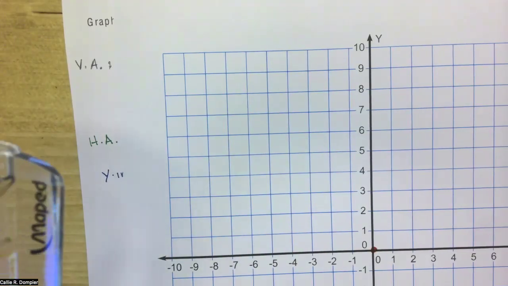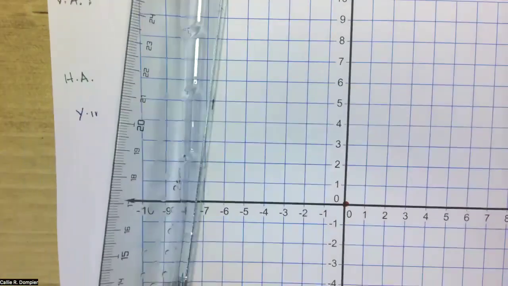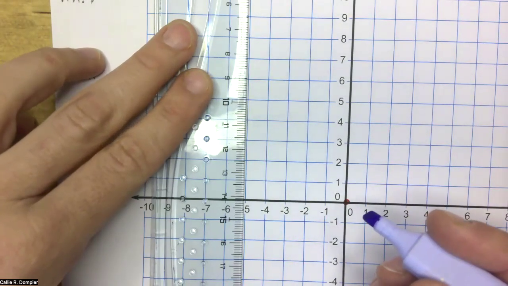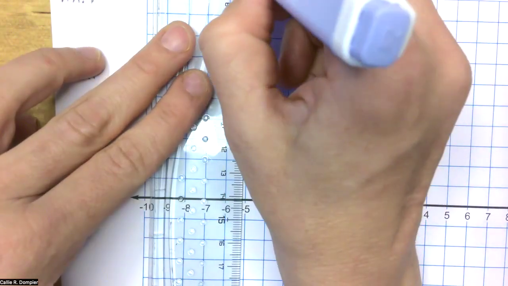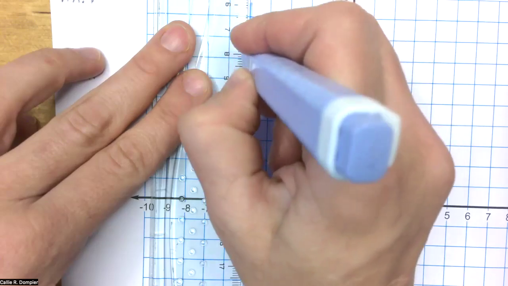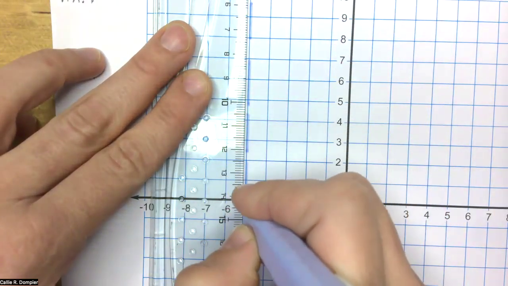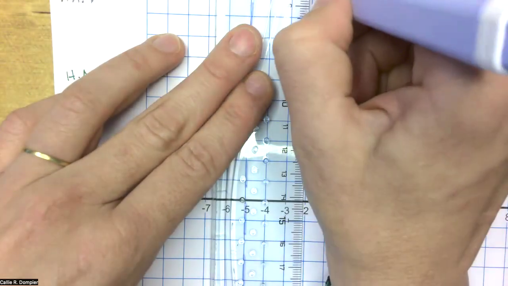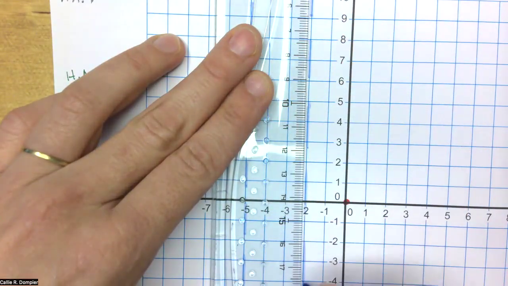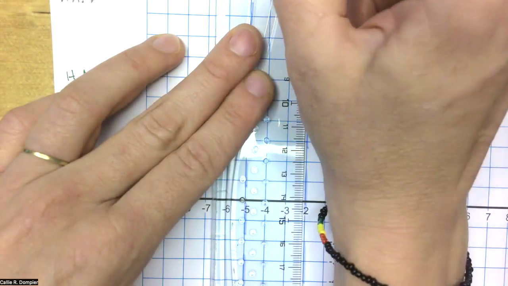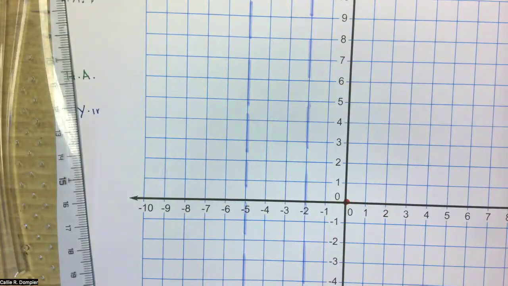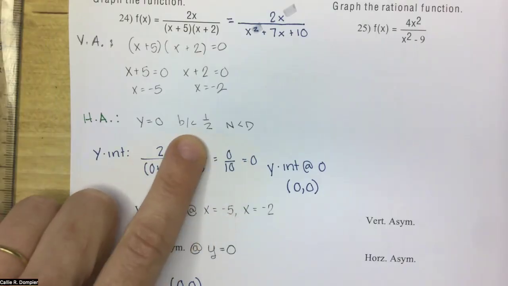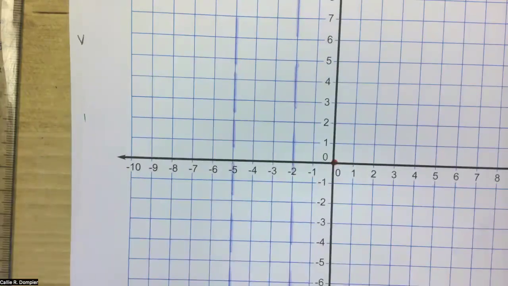They're not part of the graph. They just help us understand what's happening to the graph. At -5 and -2, we're going to get asymptotes. Good. And then we said that our horizontal asymptote is at y equals 0.